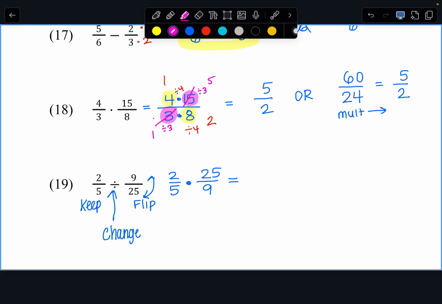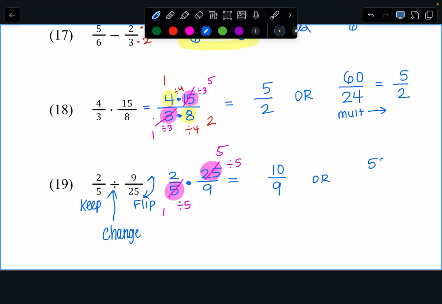All right, so do we want to simplify first or just multiply then simplify? I don't care. Simplify. Okay, cool. Hey, look, those are things I can divide easily. So when I do that, I can divide that by 5 and that by 5. So that makes a 1 and a 5. And when I multiply straight across, I get 10 over 9 as my final answer.